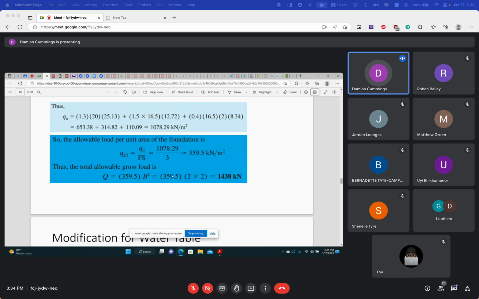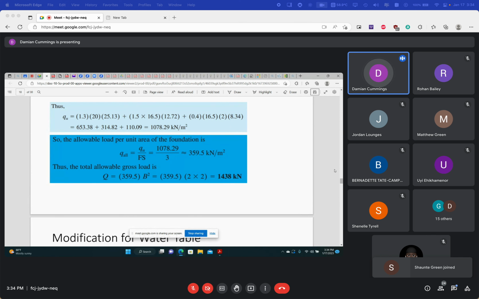So it's 359.5 times the area of the foundation, which is equal to 1,438 kilonewtons. This is a pad foundation, and we are saying that it is going to be designed to carry no more than 1,438 kilonewtons, based on our factor of safety.